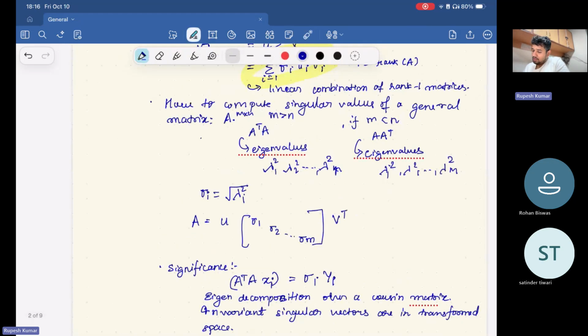Basically, for any square matrix, you can define a space where, if you choose a vector from that space, for a given matrix A, AX will be equal to lambda times X. Basically, you transform that vector by multiplication with this matrix.